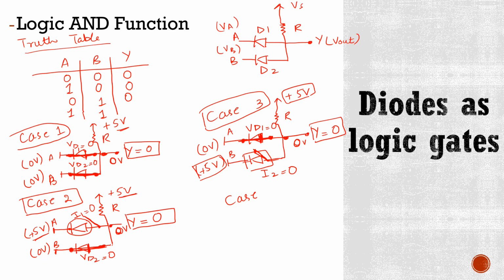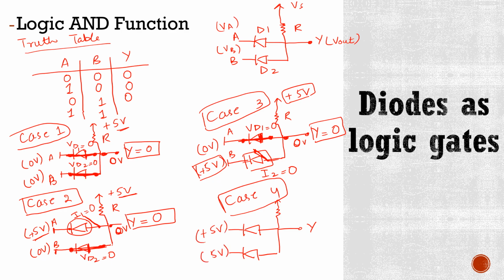Now look at case 4. In this case, both terminals are conducting or on. So what will be the value of output here? Here at terminal A we have 5 volts. At terminal B again we have 5 volts.